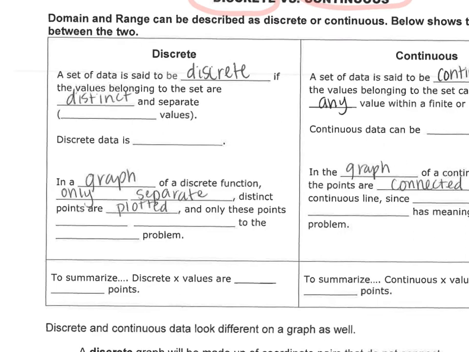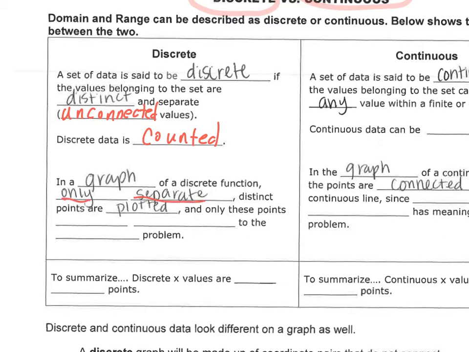So a discrete function is a set of data where the values belonging to the set are distinct. That means they're unconnected values. Discrete data is counted. In a graph of a discrete function, only separate distinct points are plotted.